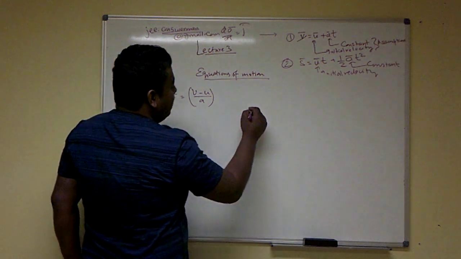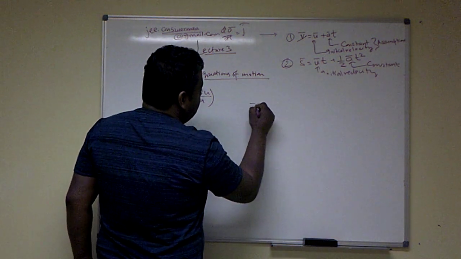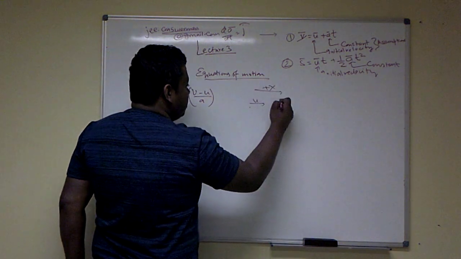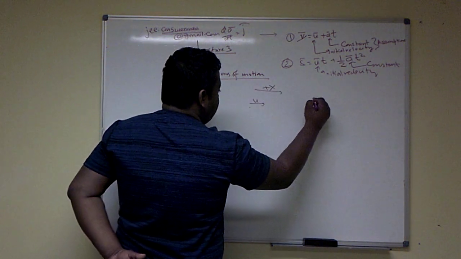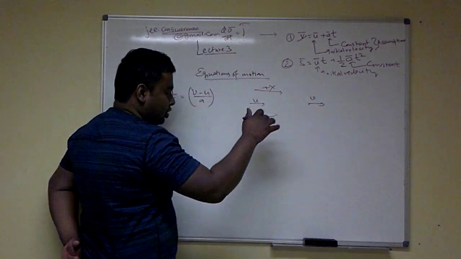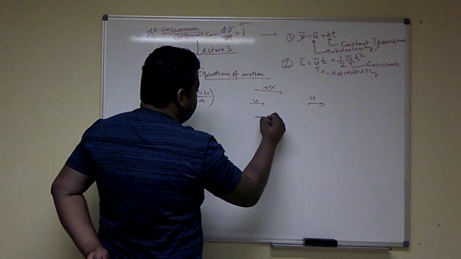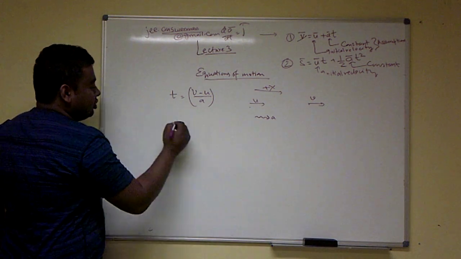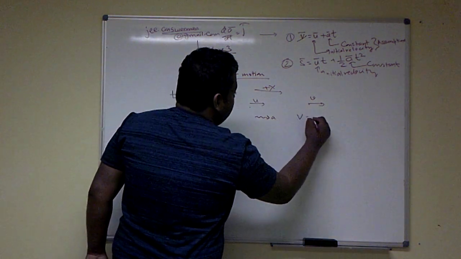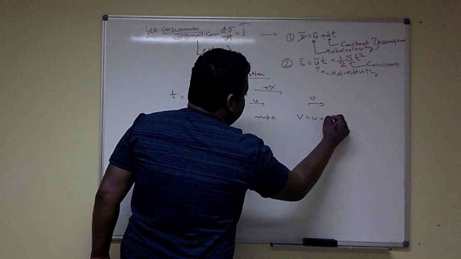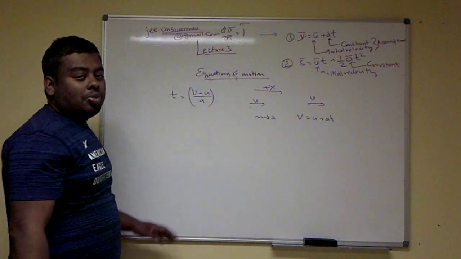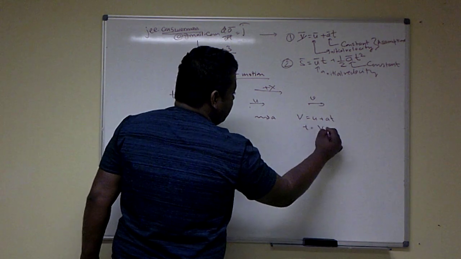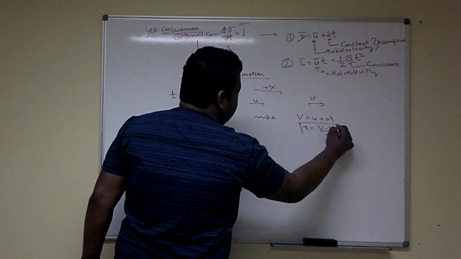So let's say if you have initial velocity in the positive x direction, your final velocity happens to be in the positive x direction or 0, and your acceleration is going to be in the positive x direction, then your first equation of motion will look like v equal to u plus at, because everything has i cap in common. And then you can simply take (v minus u) over a.